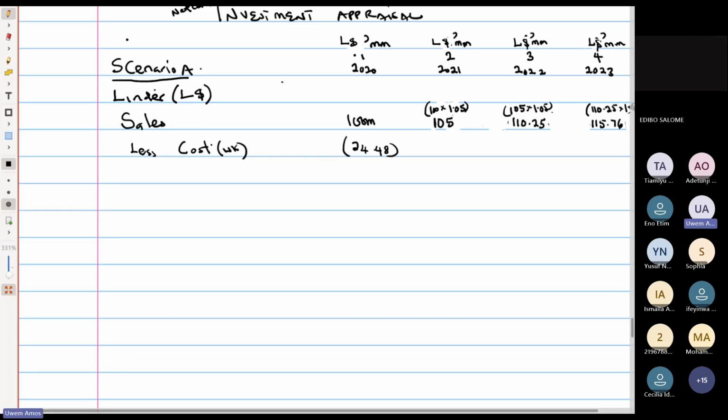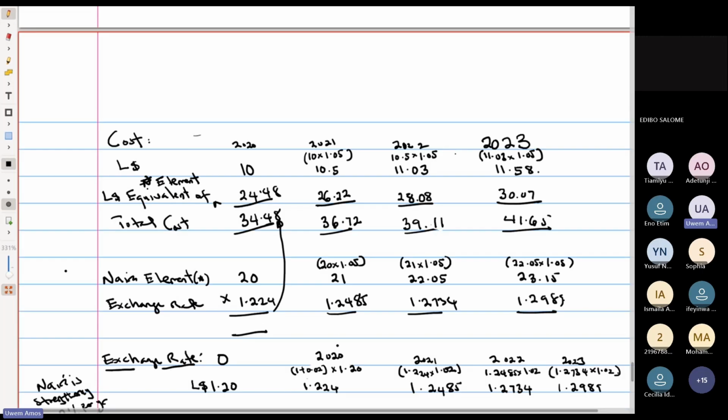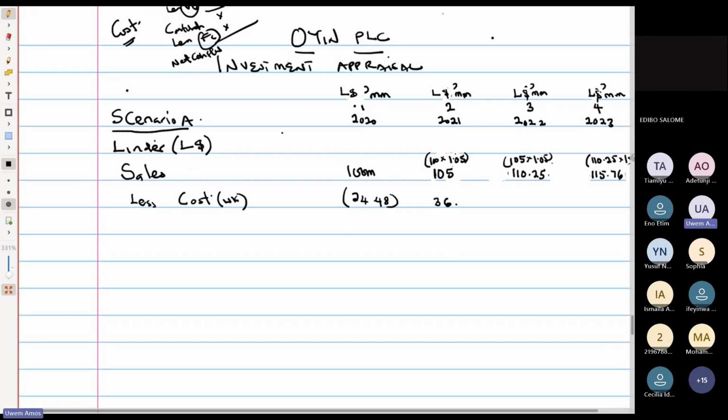We have 24.48 as my cost, and 34.48 is our total.